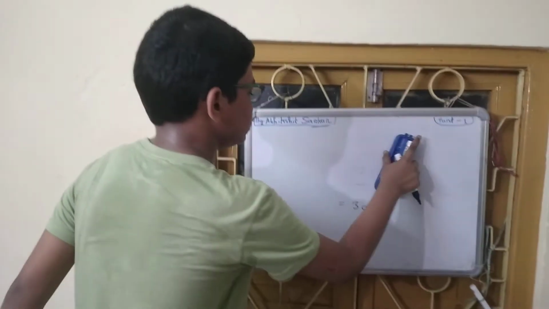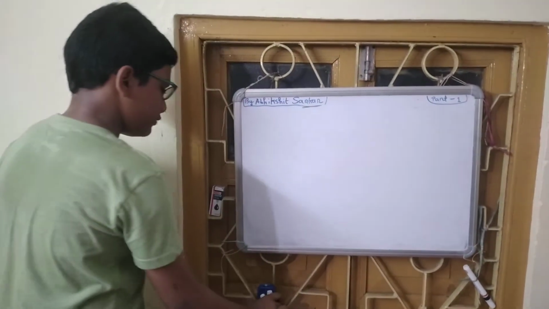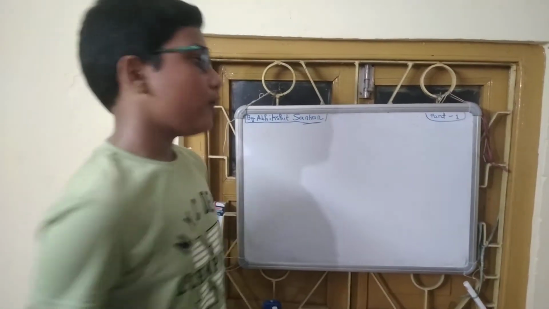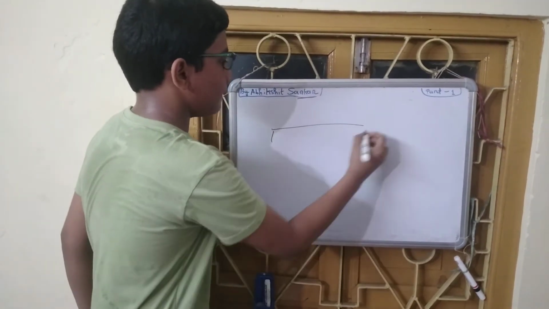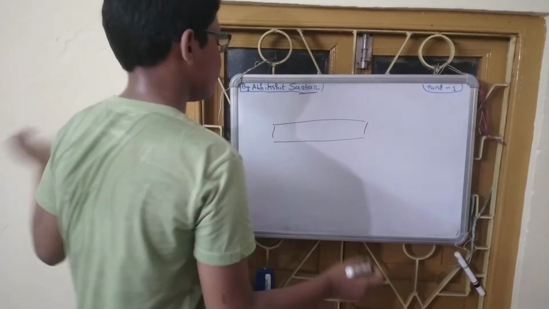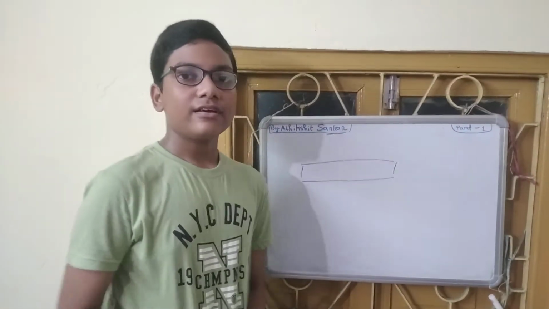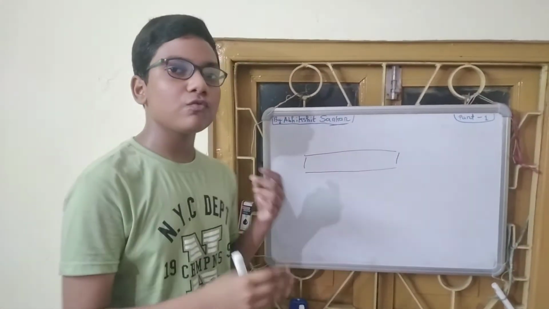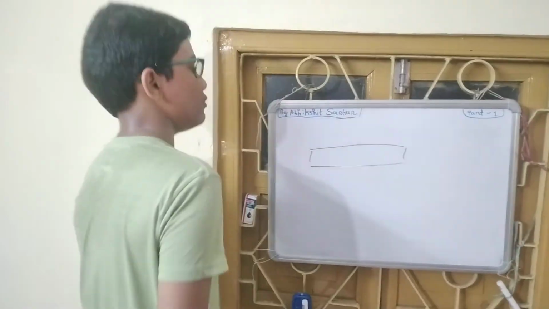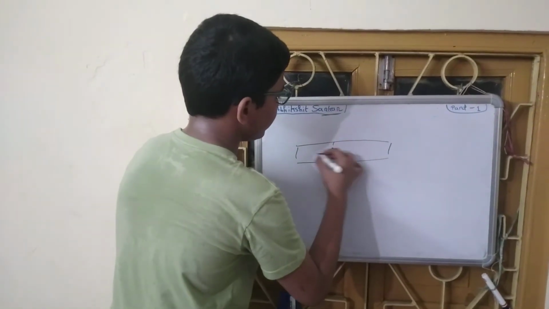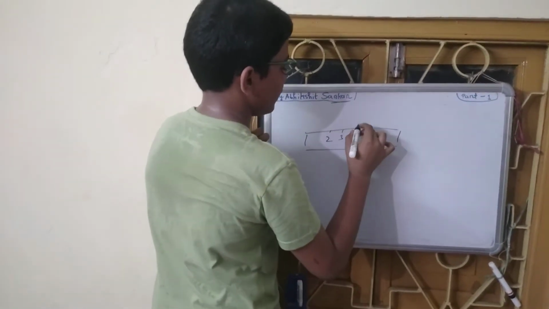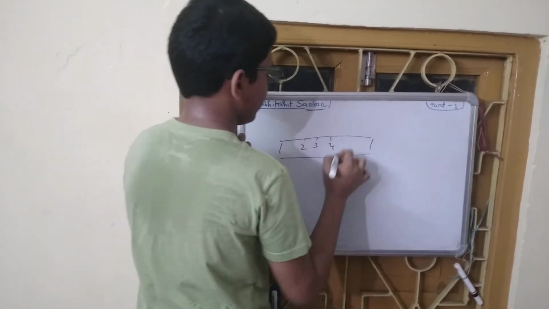Now after measuring the length of any object, sometimes we find different magnitudes from different angles. This is 3, and there is 2, and there is 4.